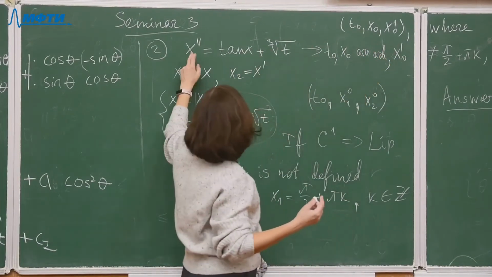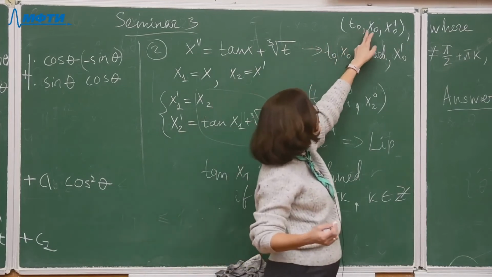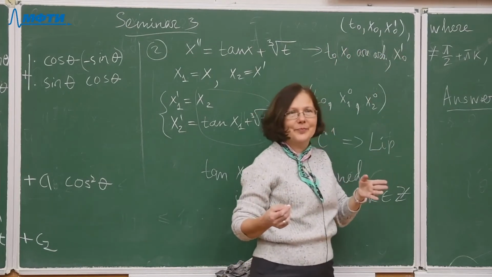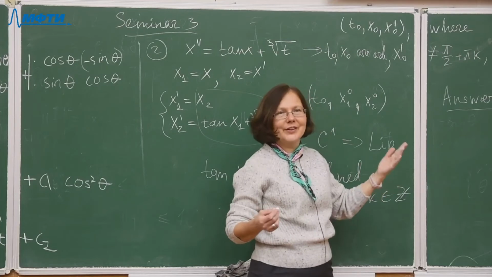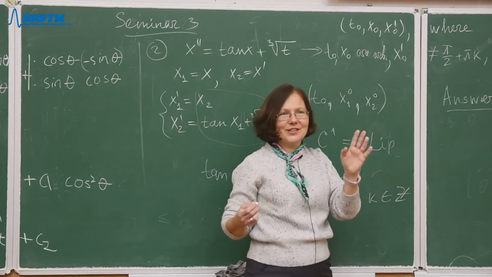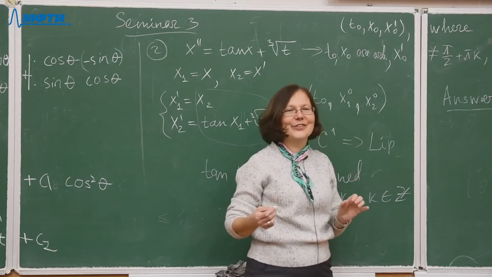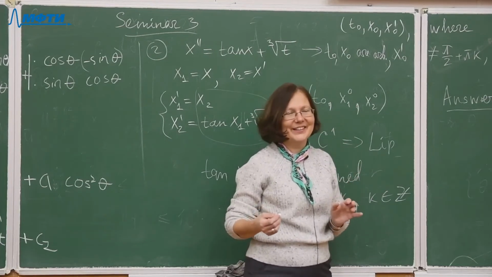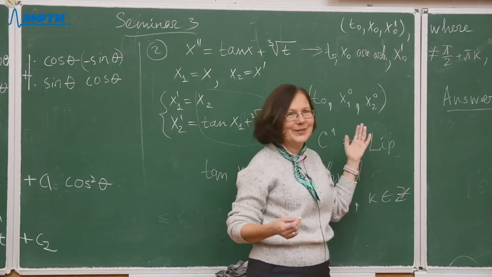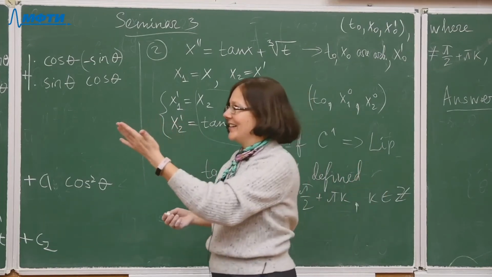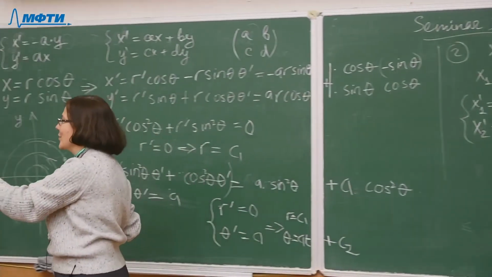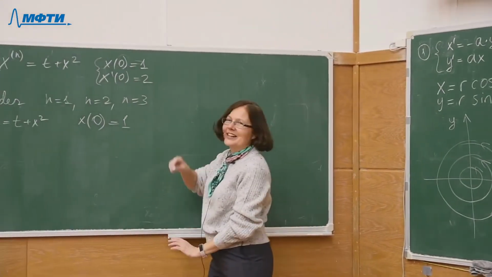So for the second order, we need to know t0, x0, and x0 prime. For the third order equation, we need to know t0, x0, x0 prime, and x0 double prime, right? So it works in this way. So for our equation, this is an extra condition.